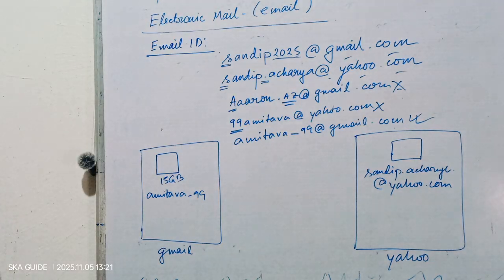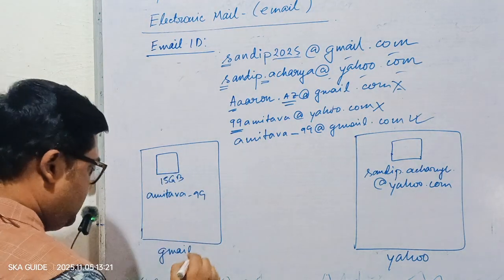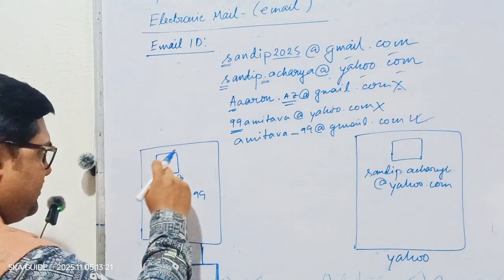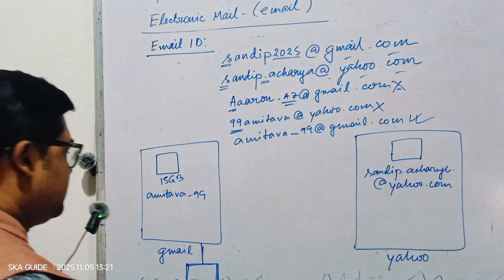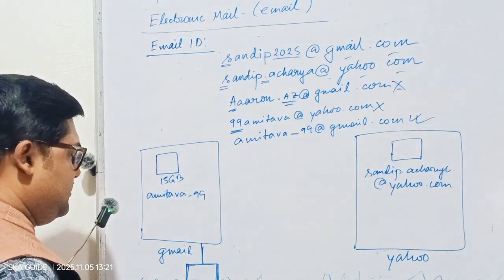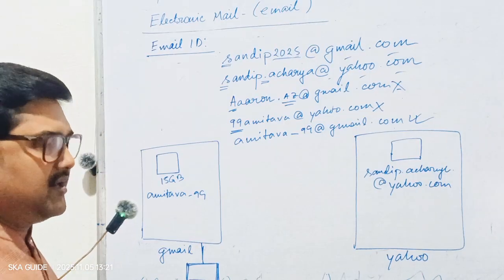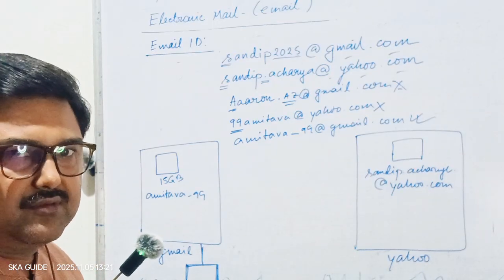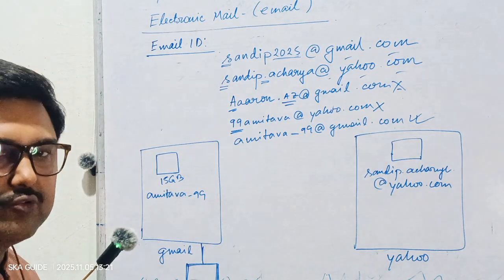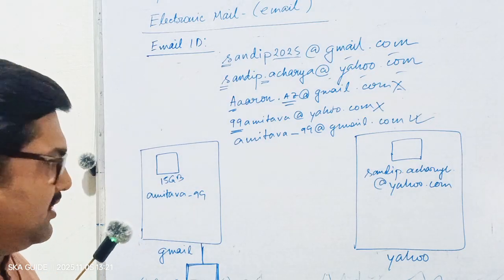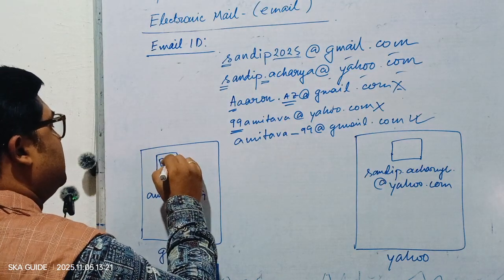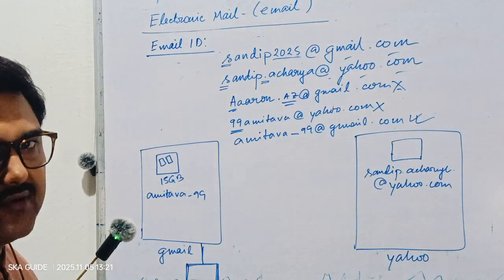Now if somebody is accessing this mail ID from his computer, he is opening this space, and he or she can see the content here in the inbox and outbox. Okay, inbox is nothing but the received mail, outbox is nothing but the sent mail. So there are two boxes you can think of, for received mails and for sent mails.